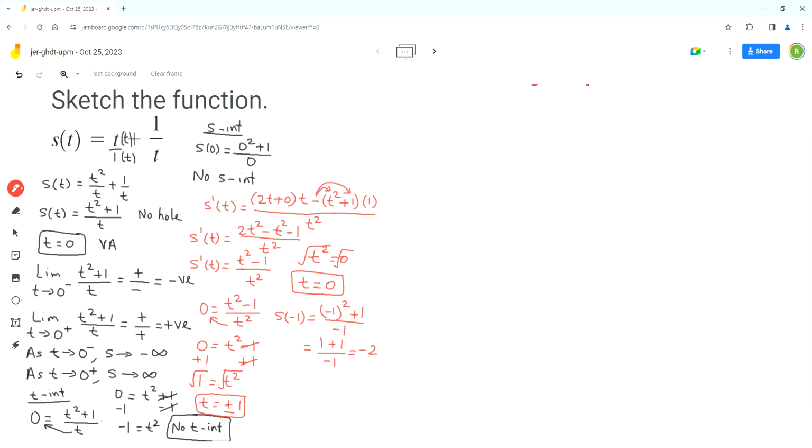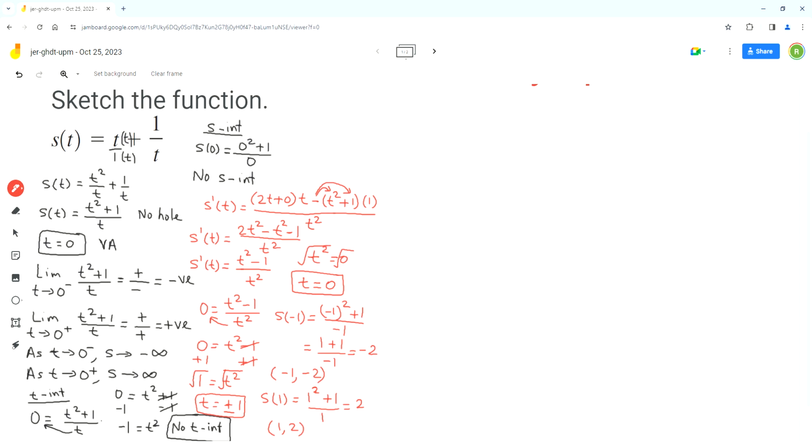So that critical point is negative 1, negative 2. Now we can plug in t as positive 1. So we get 1 squared plus 1 over 1. So this is just positive 2. So the other critical point is 1 comma 2.